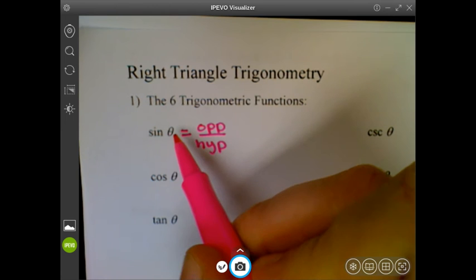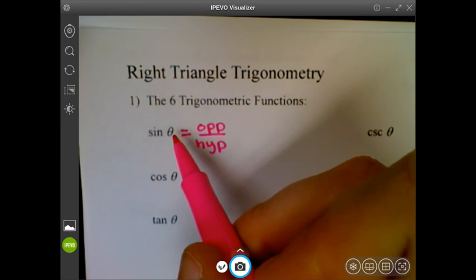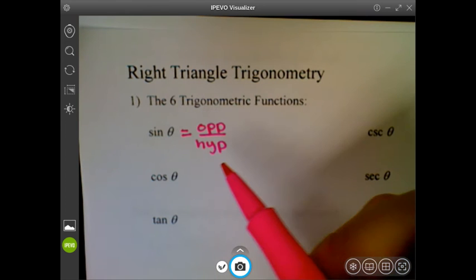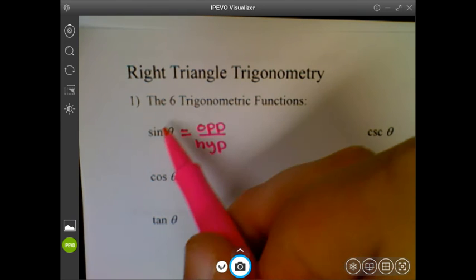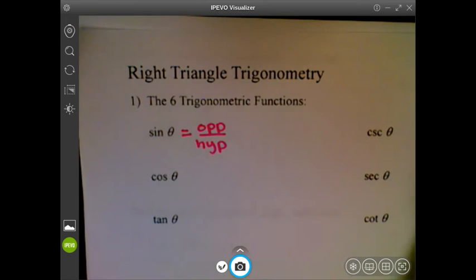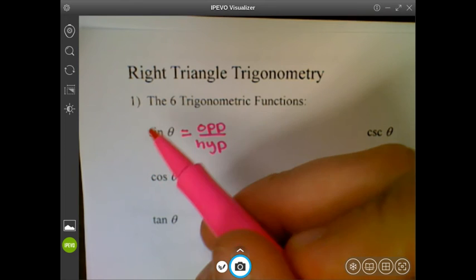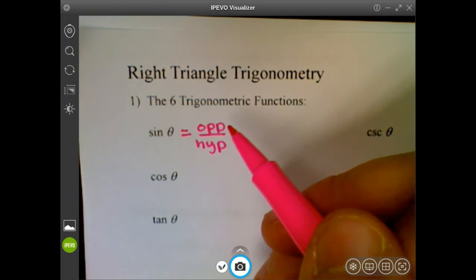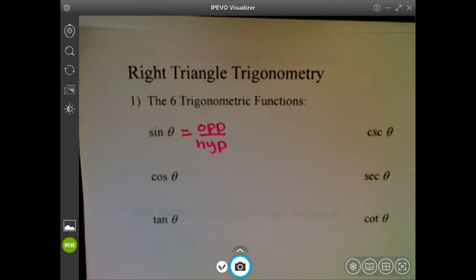So if you have, let's say, a 30-degree angle measure, the relationship between the opposite and the hypotenuse, no matter how big or how small you make this triangle, as long as it's a 30-degree angle, will always be the same.